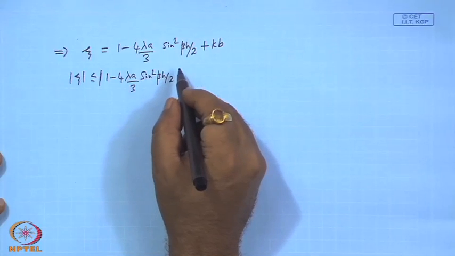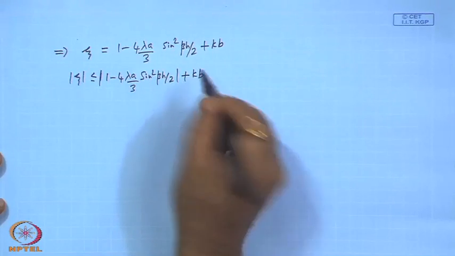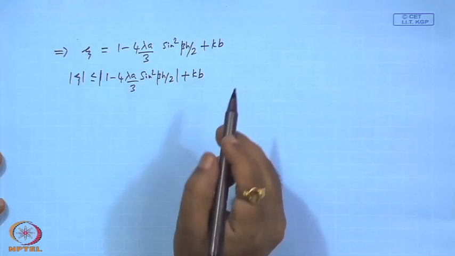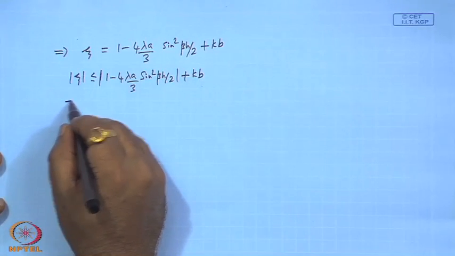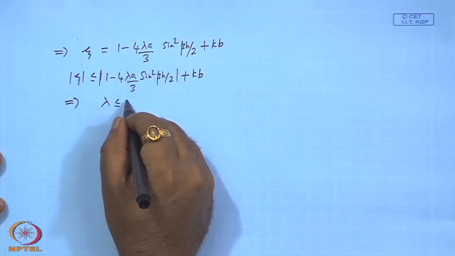So k is positive, b is a positive constant. So, this implies lambda is less than or equal to.